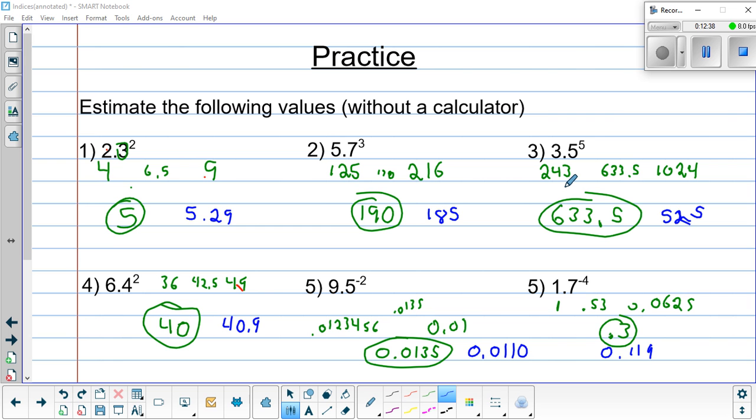The fourth, however, really good estimate, right? So 40.9 and 40. Next one, pretty good for being a fractional or a negative index. And then the last one, didn't do as well with that one, but like I said, sometimes it's harder when you're going from 1 and then going 2 place values away to a 0.0 value.